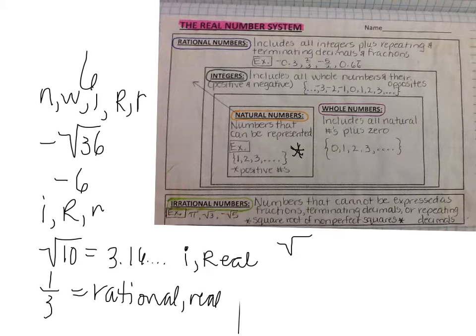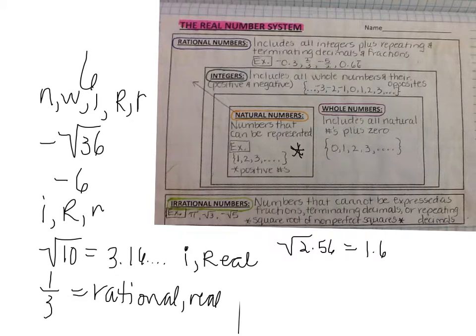Square root of 2.56. If you took the square root of 2.56, you would get 1.6. Is it a natural number, a whole positive number? No. Is it a whole number? No. Is it an integer? Listen, natural numbers, whole numbers, and integers cannot be decimals.